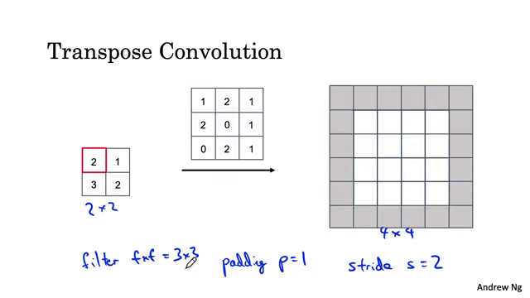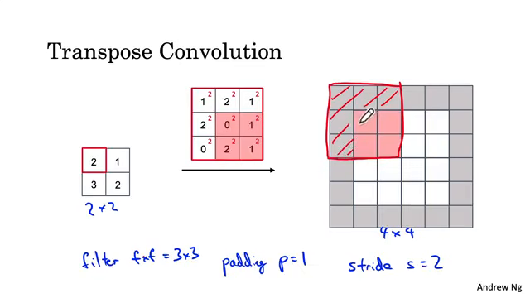We are going to take this number 2 and multiply it by every single value in the filter, and we're going to take the output, which is 3x3, and paste it in this position. Now, the padding area isn't going to contain any values, so what we're going to end up doing is ignore this padded region and just throw in 4 values in the red highlighted area.